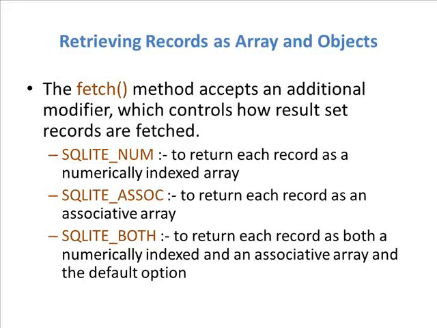This modifier can be any one of the values SQLITE_NUM modifier to return each record as a numerically indexed array, SQLITE_ASSOC modifier to return each record as an associative array, or SQLITE_BOTH modifier to return each record as both a numerically indexed and an associative array, and the default option.